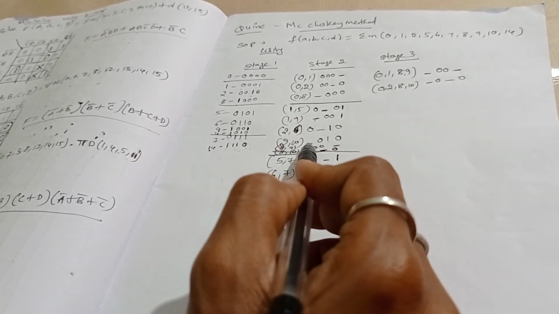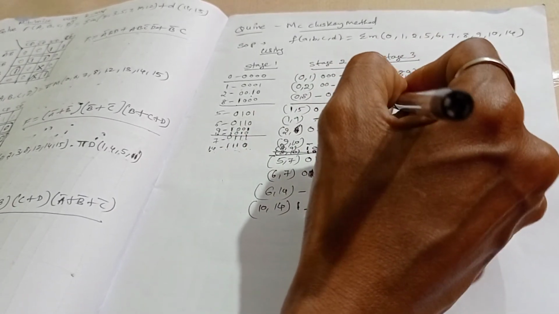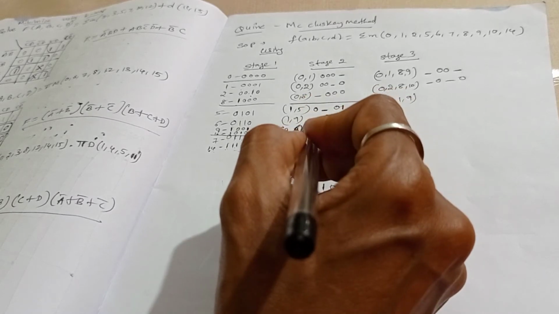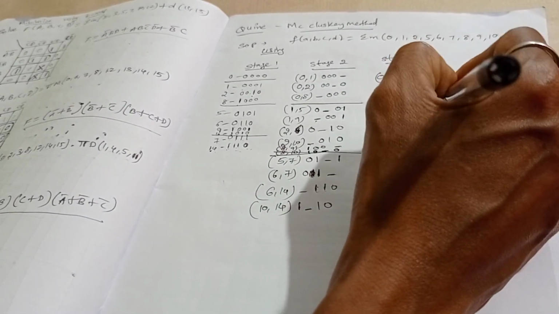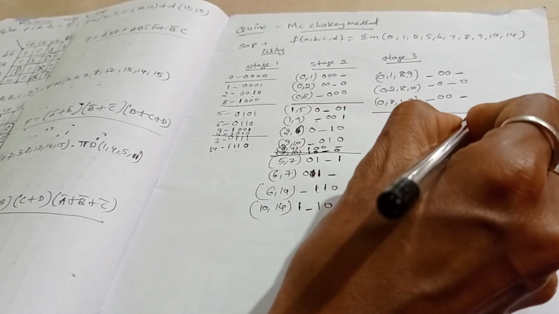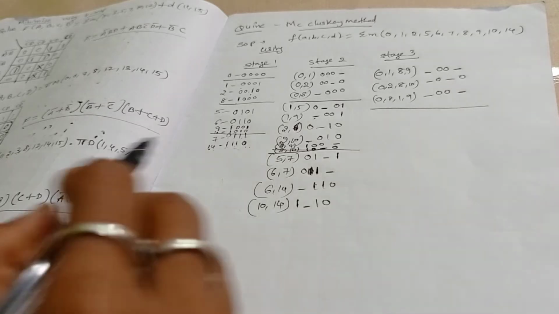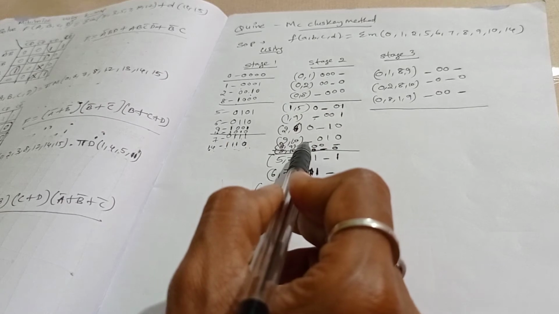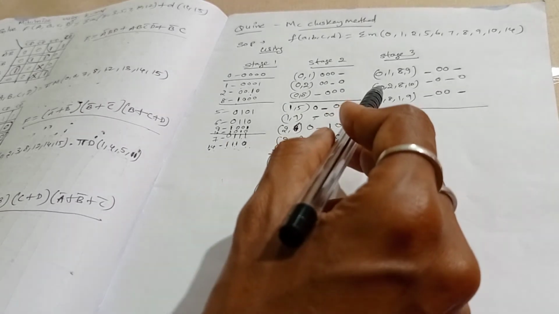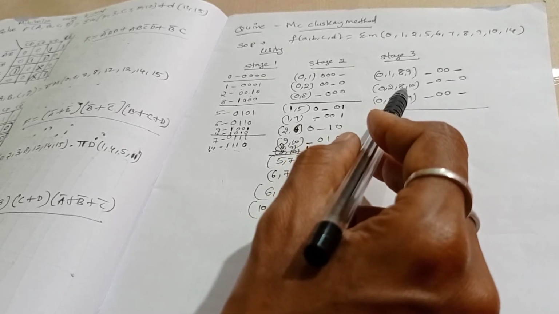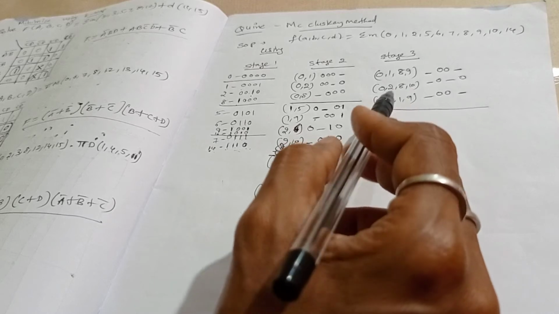So 0 8 with 1 9: hyphen 0 0 constant, it is changing, so place hyphen. Another possibility is 0 8 with 2 10, but 0 8 2 10 is already existing, so no need to group it again, only one time is enough.